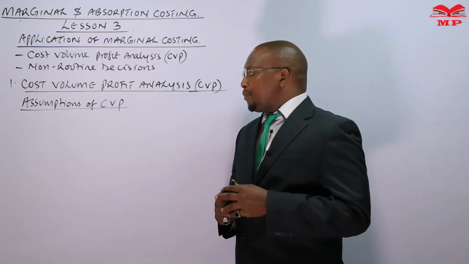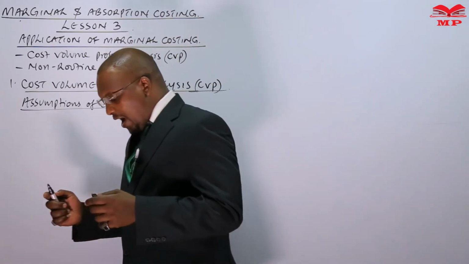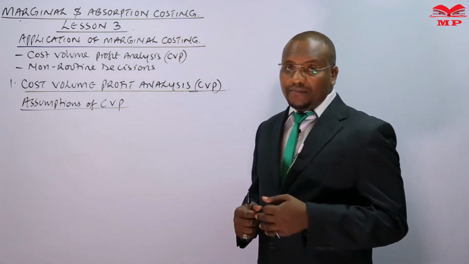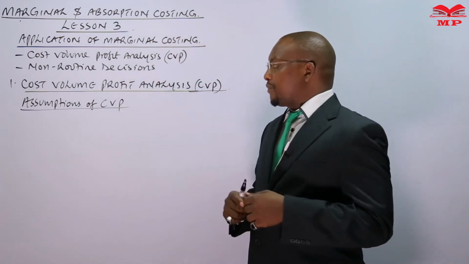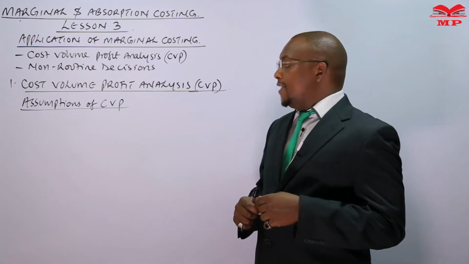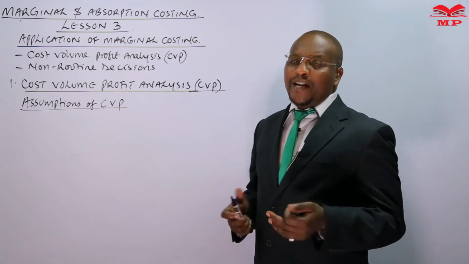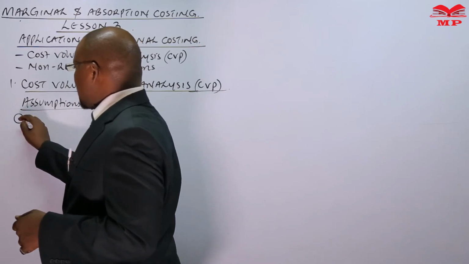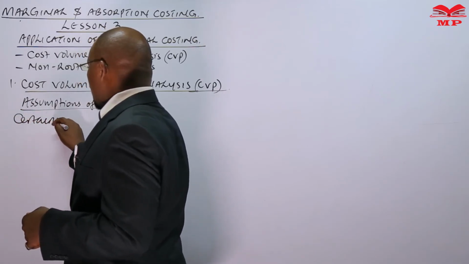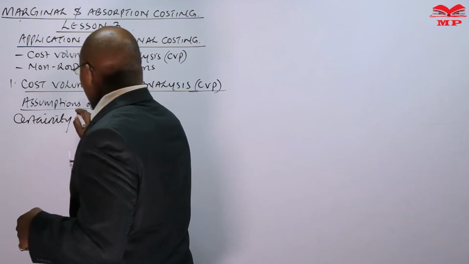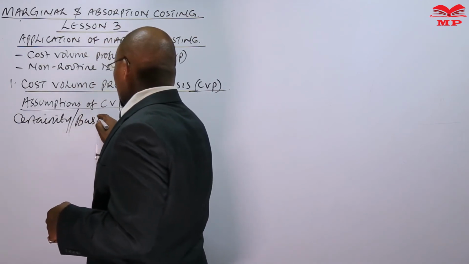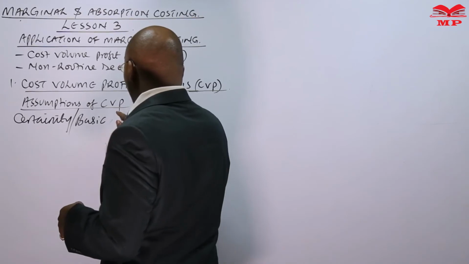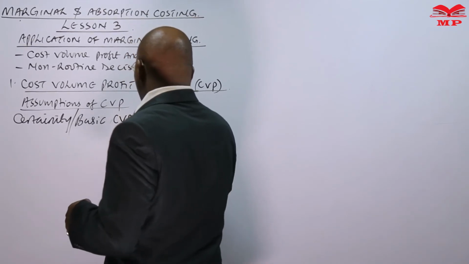Now, we are going to have the basic model of CVP, and it is actually the certainty model. So all this we are doing are certainty models. This is the certainty or basic CVP model.